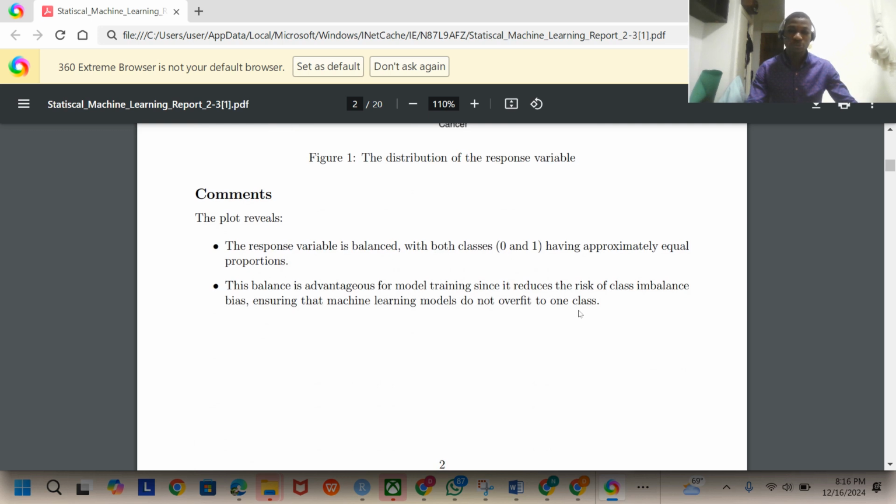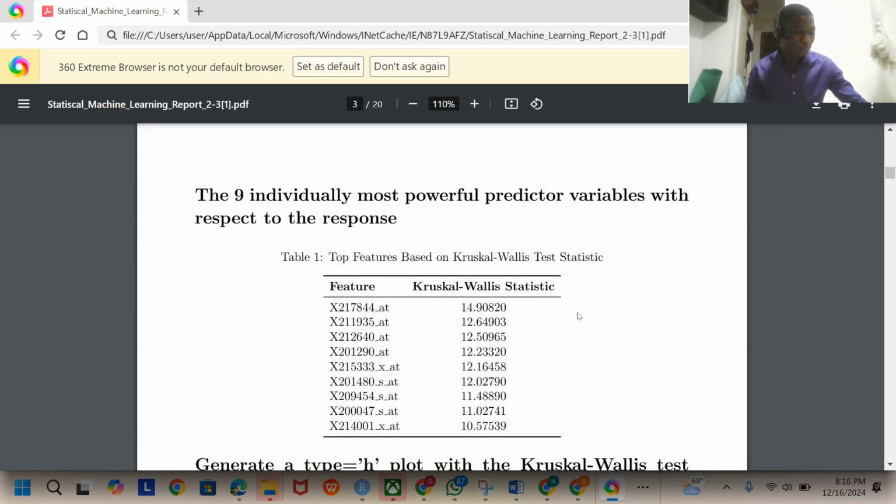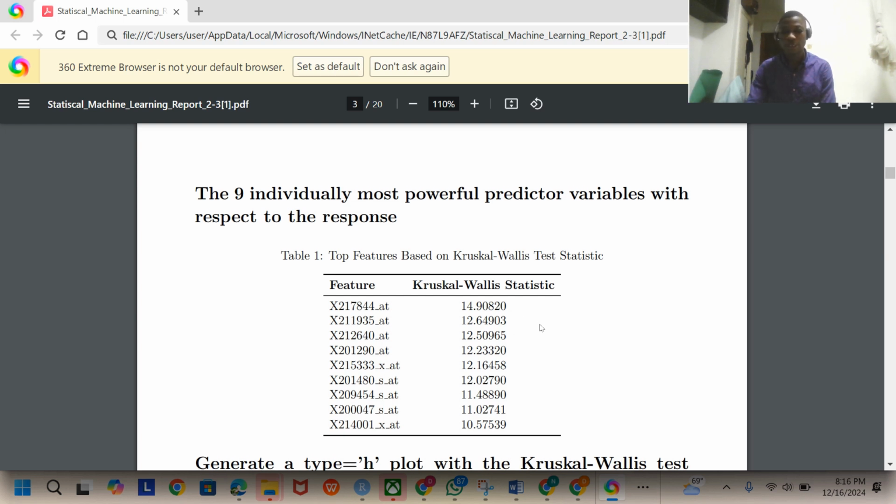So I went further to explore which of the 500 independent variables influence strongly whether a person is having prostate cancer or not. So I ran the Kruskal-Wallis statistic test, and as can be shown, the features are shown at my left hand side, and their corresponding statistics are shown at my right hand side.